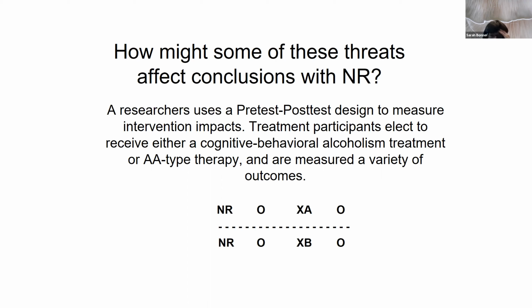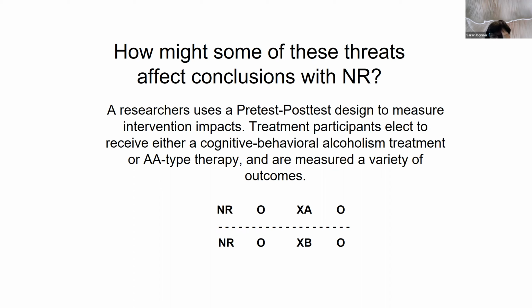So you have the two groups, one of them XA is cognitive behavioral, one of them XB is AA. They are asked to report their number of drinks per week prior to entering the treatment plan, and they are asked to report their number of drinks per week when they leave the treatment plan.